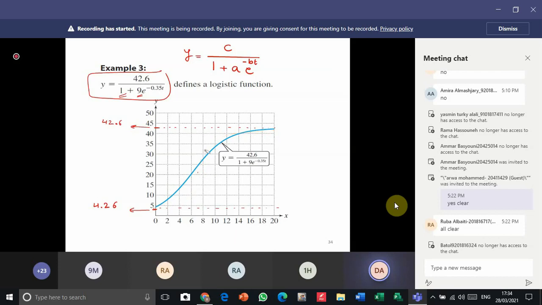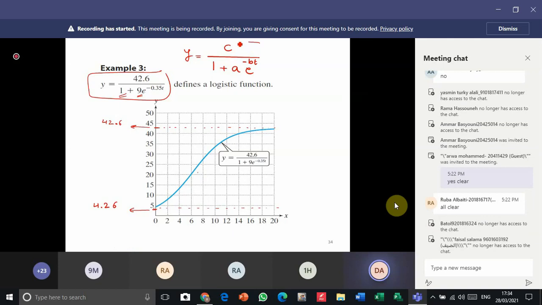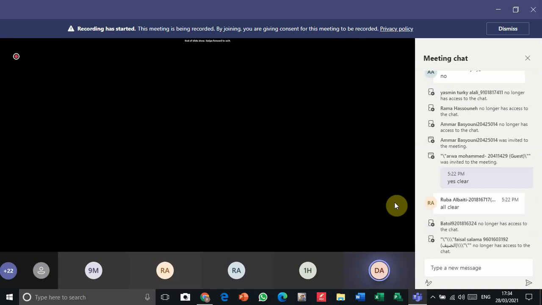Okay. Any question about this function? This is the form, called the logistic function, logistic growth function. The maximum C, the minimum C over 1 plus A. Any question?